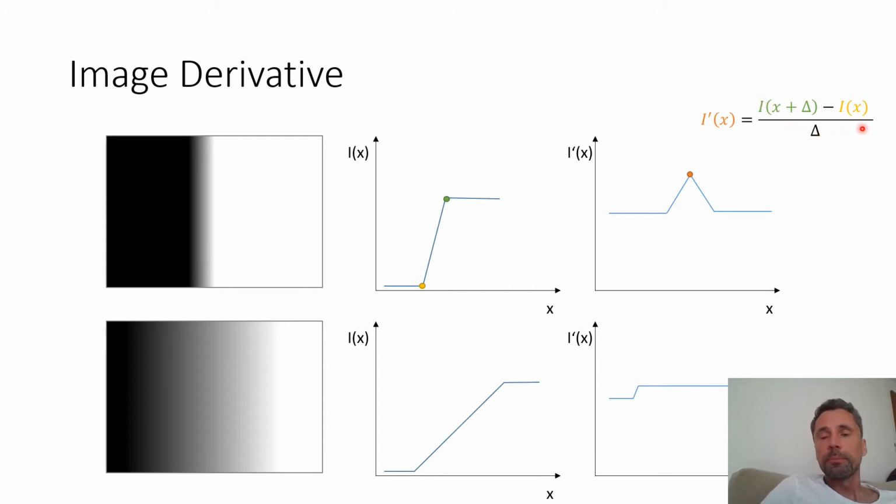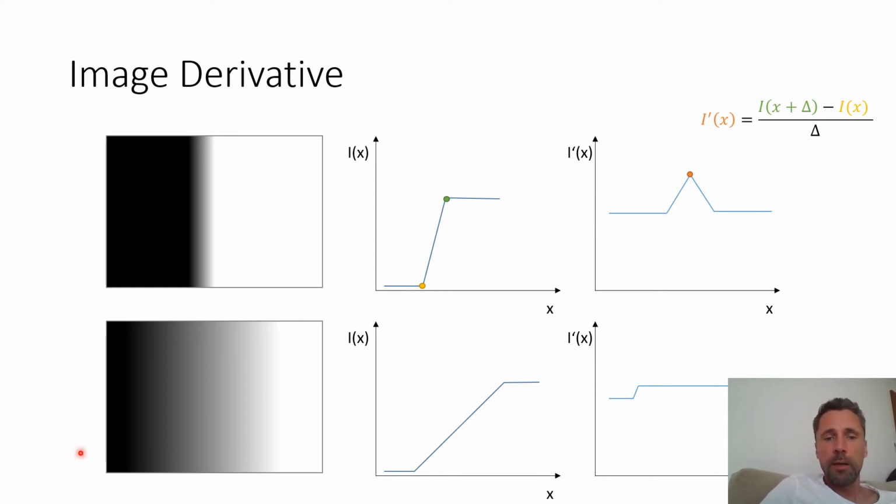And well, that's basically our derivative, right? So here in this example, we look at the image brightness at position x plus 1 and x, which is the yellow brightness here. And then we subtract these, and then we get a positive value, and 0 otherwise.